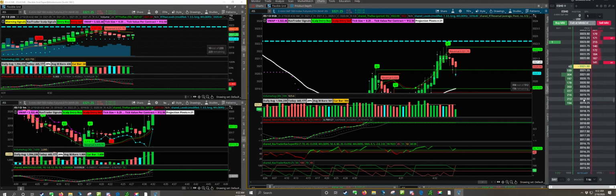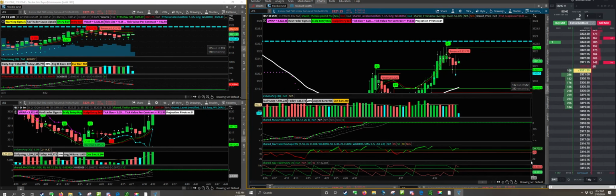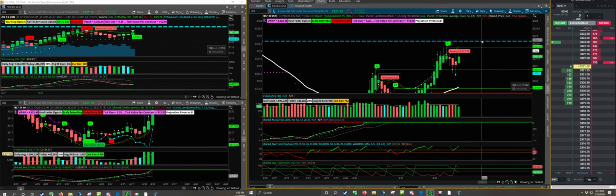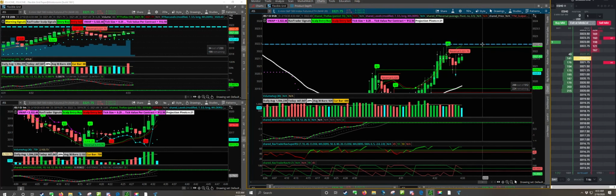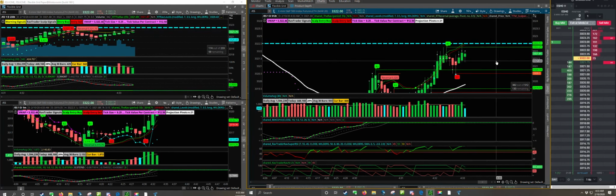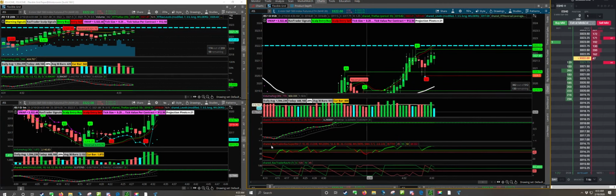Okay, our VWAP is plotted at 22.5. We got a long. Right now it looks like it's possibly doing a flag pattern entry at the VWAP.